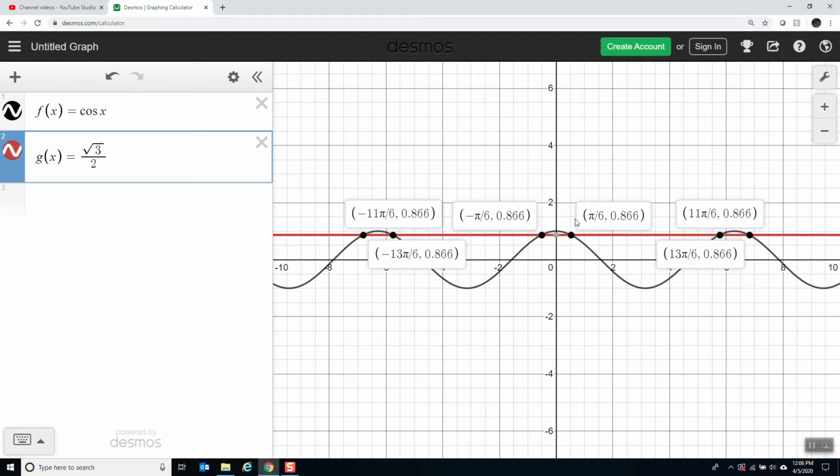So if you look at this pi 6, it has a coterminal angle with 13 pi 6, which is this one here. And then it also has a coterminal angle in the opposite direction of negative 13 pi 6. Yeah, that's right. And then this 11 pi 6 is coterminal with negative pi 6 and negative 13 pi 6. Okay, I was wrong in that last one.